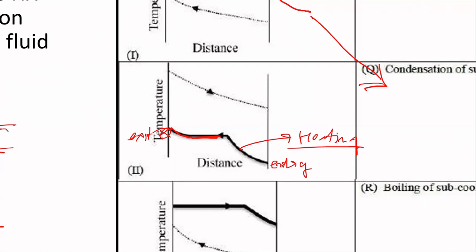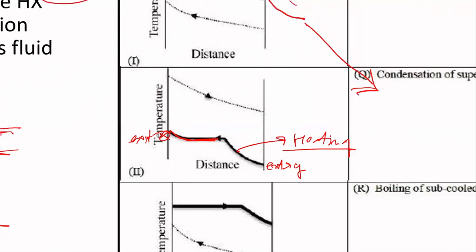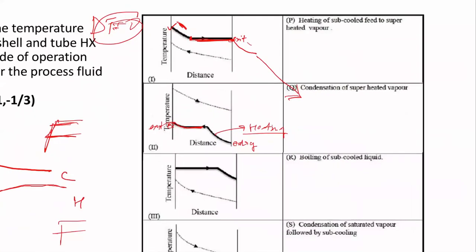So I need to heat it to 100, then convert it into vapor and then heat the vapor again, correct? So this looks to me like heating of a subcooled liquid to superheated vapor. So this matches to P. We almost generated the statement just by looking at the graph, correct?